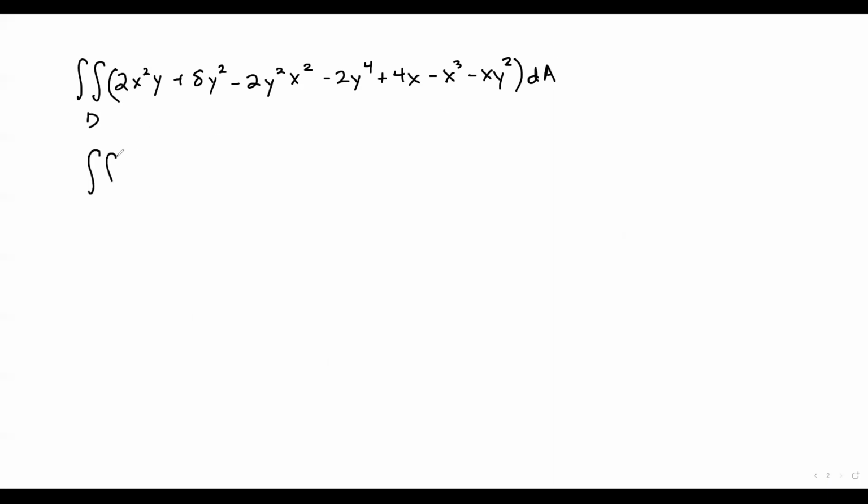All right, let's go through and simplify. Do we have anything that simplifies? x squared y, no. y squared, no. No, everything is unique. Okay, so in that case, instead of rewriting it, let's just go ahead and change the order of integration here above.